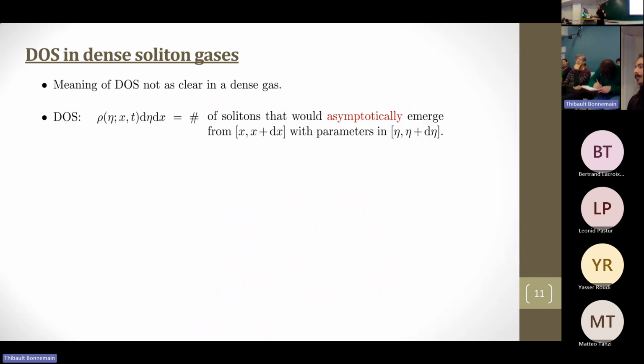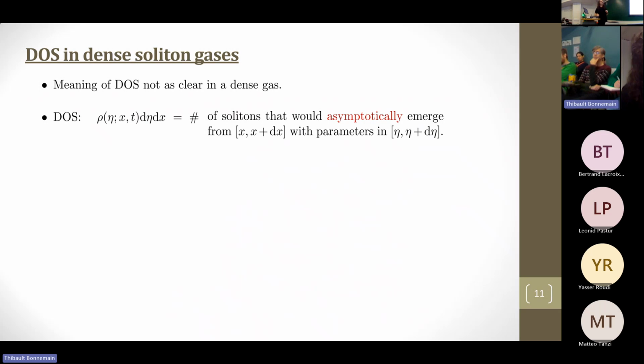And the mean density of states, when it comes to the dense gas, is a way to count the number of solitons with parameters in the vicinity of eta that would emerge from a given window asymptotically. So you take a piece of your gas, you let it evolve, and you count the solitons that emerge.